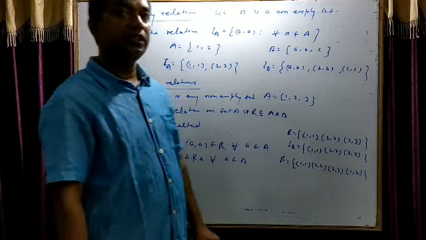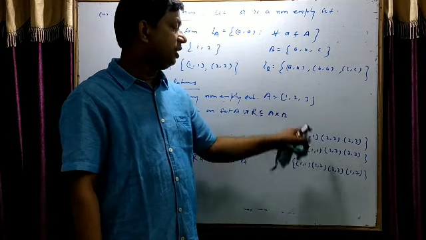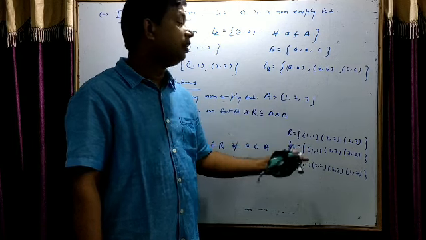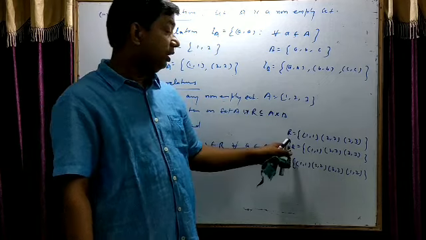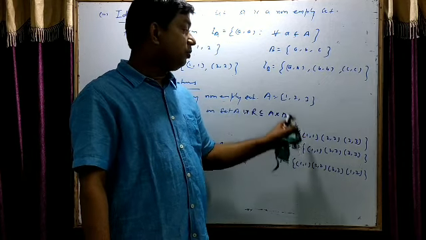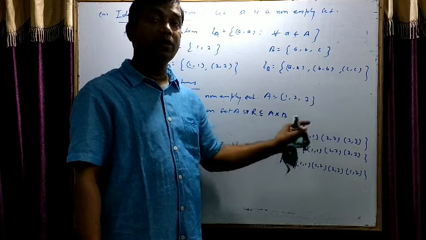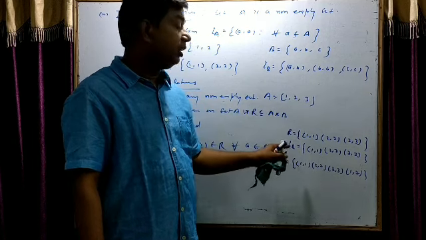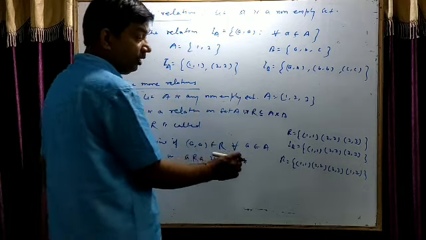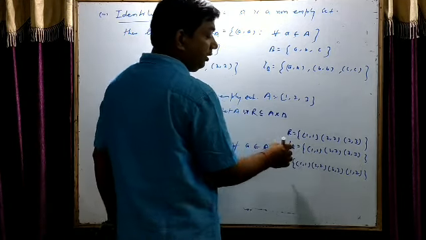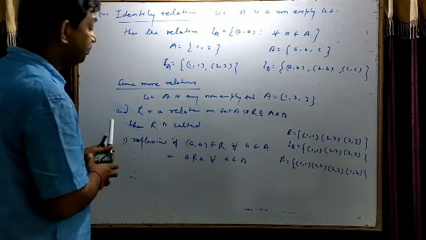It is not identity. Because for reflexive, 1 is there then (1,1), 2 then (2,2), 3 then (3,3), and other than this, if something is there, no problem. But in case of identity, there must be only (1,1), (2,2), (3,3). Then it is I_A and this is reflexive. So this is the confusion, and between reflexive relation and identity relation, you must take care.